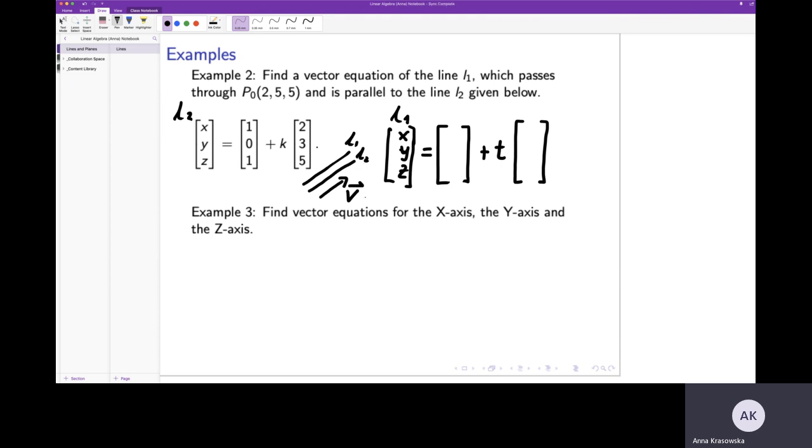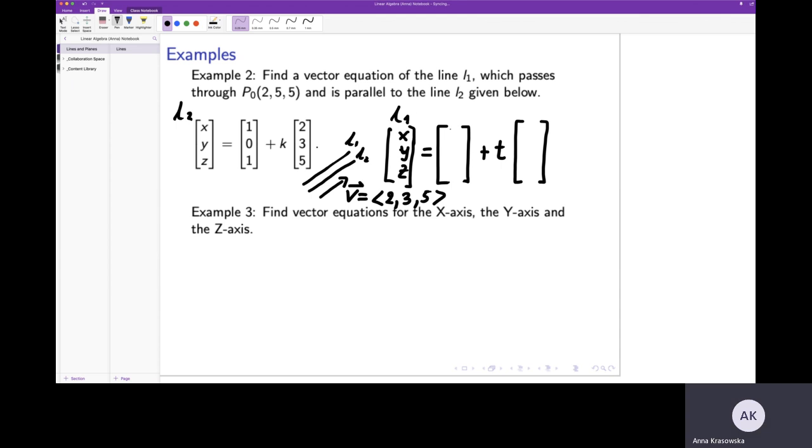So the vector that is parallel to L2, I hope you can see, is (2, 3, 5). Okay, so the vector (2, 3, 5) is parallel to L2, and therefore it's parallel to L1.